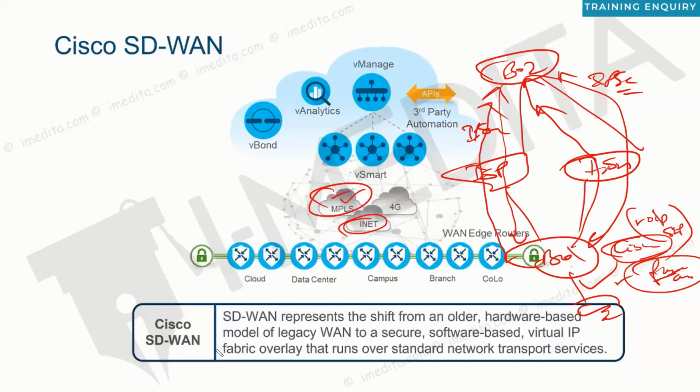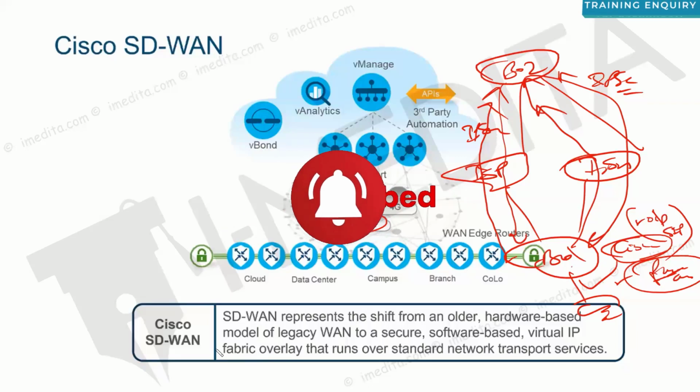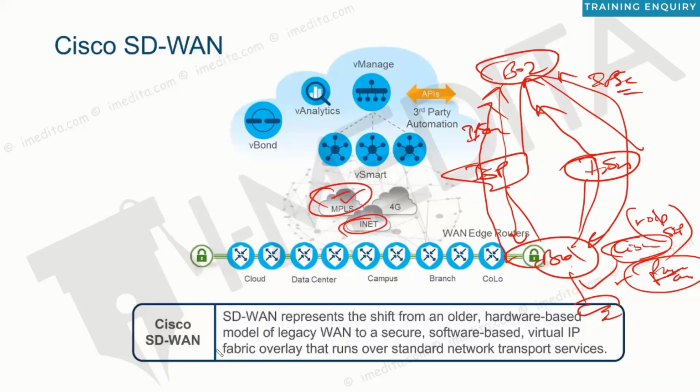Obviously, when Cisco is pitching the SD-WAN solution to their customer, Cisco will always make a lot of statements which could help Cisco sell their solution, because they want the customer to move on to the Cisco SD-WAN, and then finally for data centers they can start thinking of ACI.